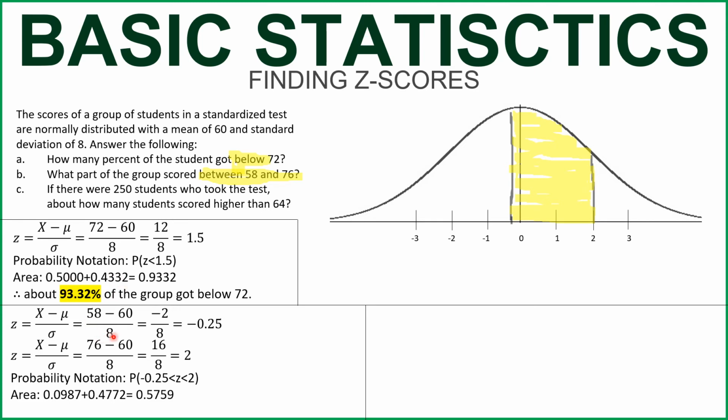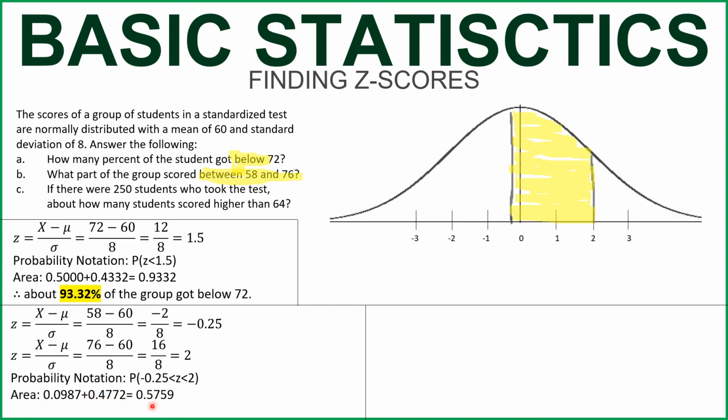Sabi nga is, special kapag between. Kasi from the mean siya, papunta sa left, or from the mean, papunta sa right. So, therefore, yung value nito, ng negative 0.25, i-add mo lang sa value ng 2. So, that is our area, 0.0987 plus 0.4772.